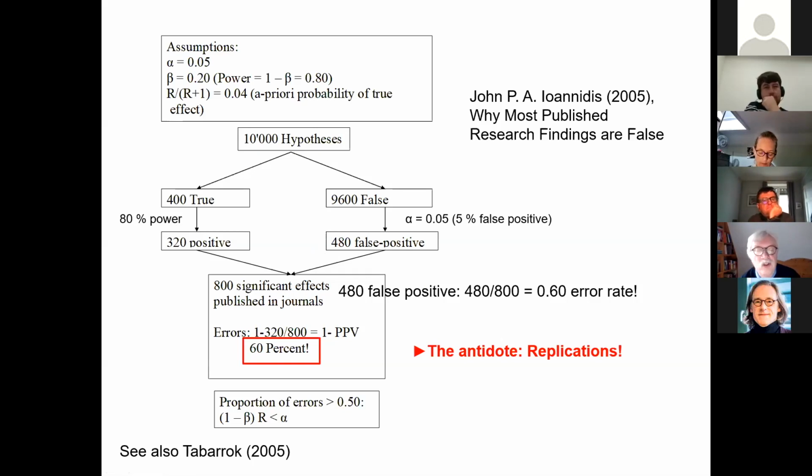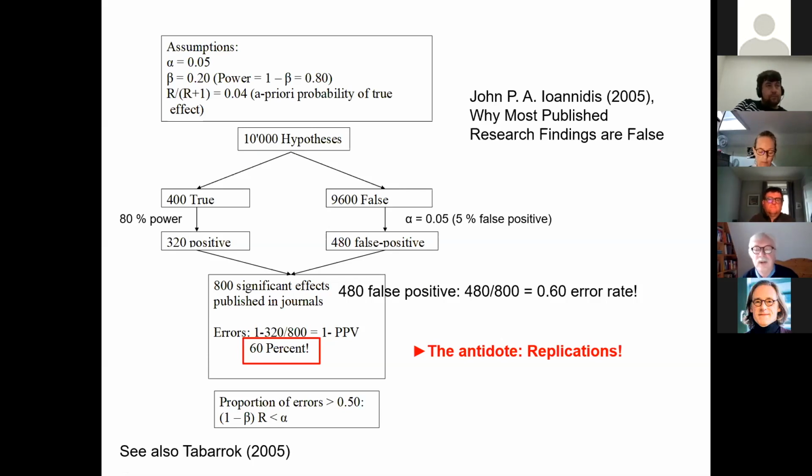These 800 results are published in the journals, and 480 are wrong. So we have a 60% error rate. We read these journal articles, and more than half, 60%, are false, even if there is no fraud, even with a normal science process. So what can we do against this?